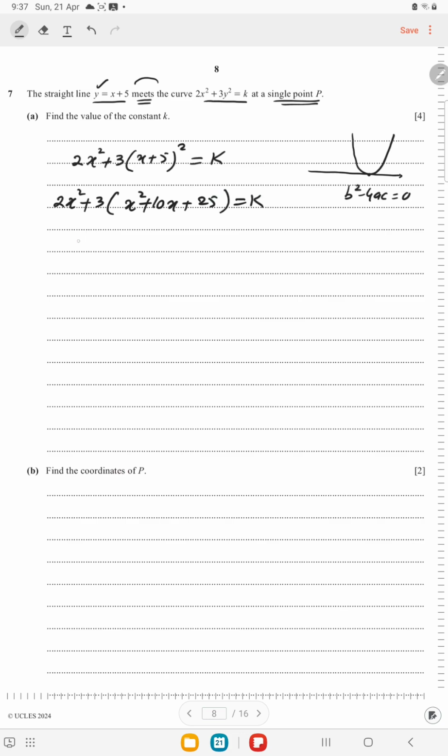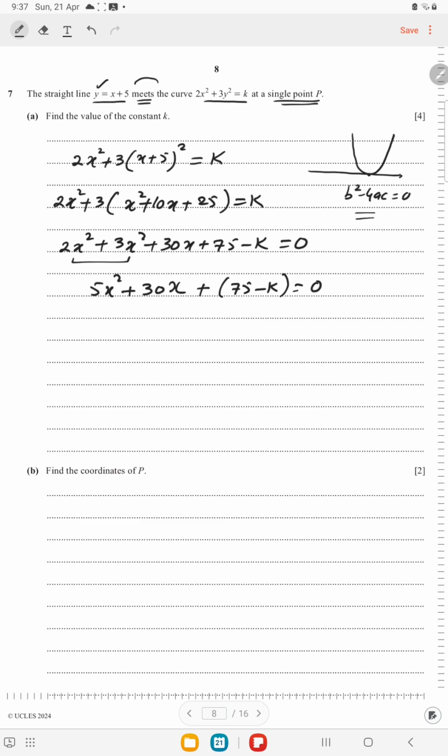We are making a quadratic equation in general form: 3x square plus 30x plus 75 minus k equal to 0. Like terms can be simplified further: 5x square plus 30x plus 75 minus k equal to 0, right? So far, I hope it's very easy.